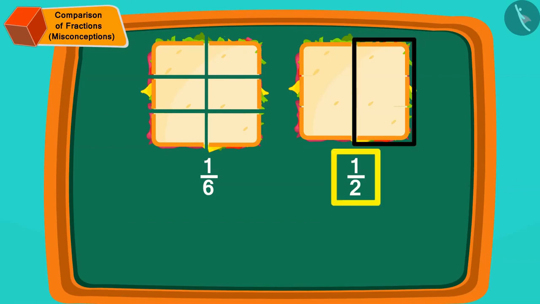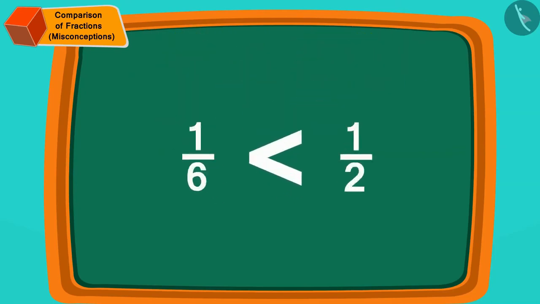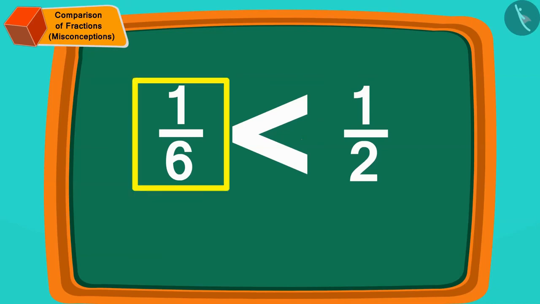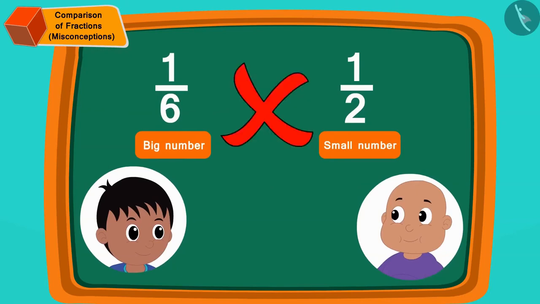Therefore, a piece of 1/2 part is larger than a piece of 1/6 part. Or we can say that the fraction 1/2 is greater than the fraction 1/6. Therefore, Raju's statement is not correct.